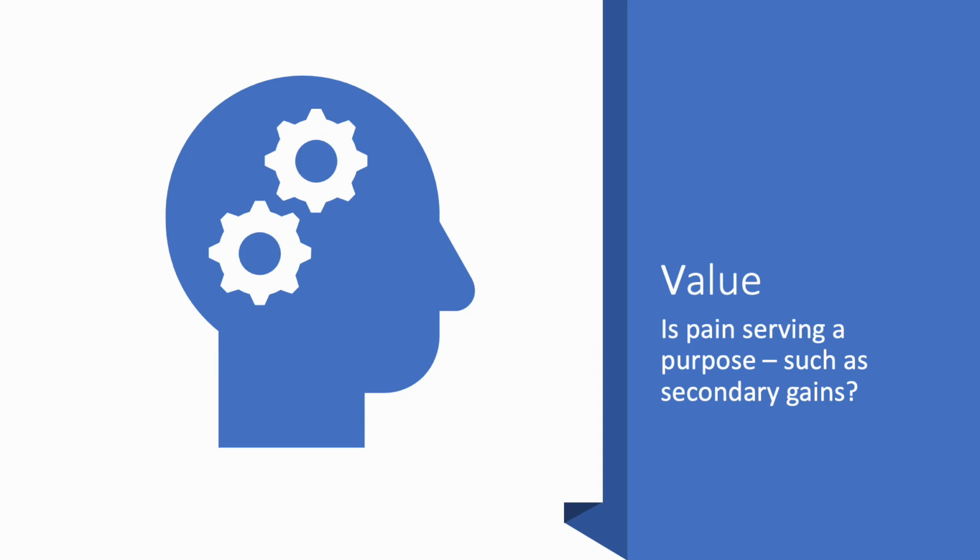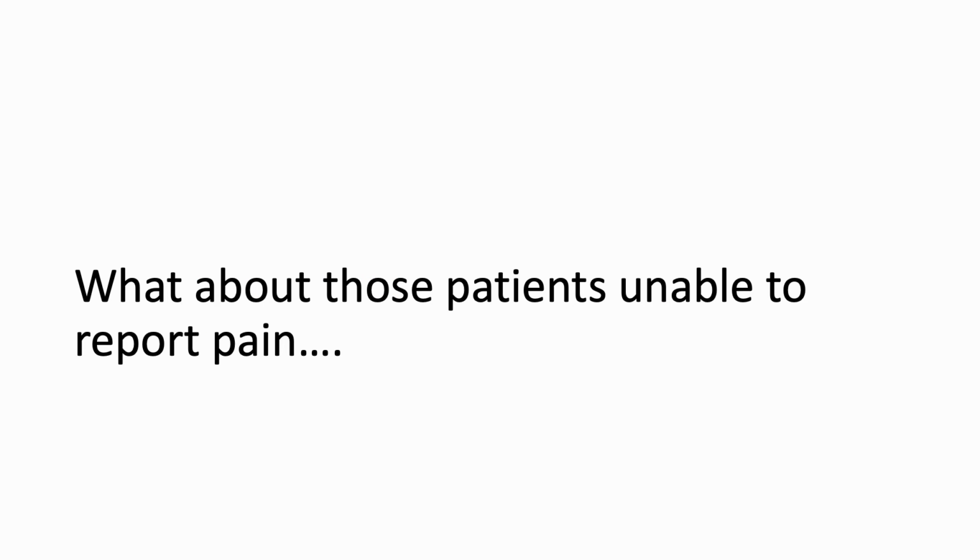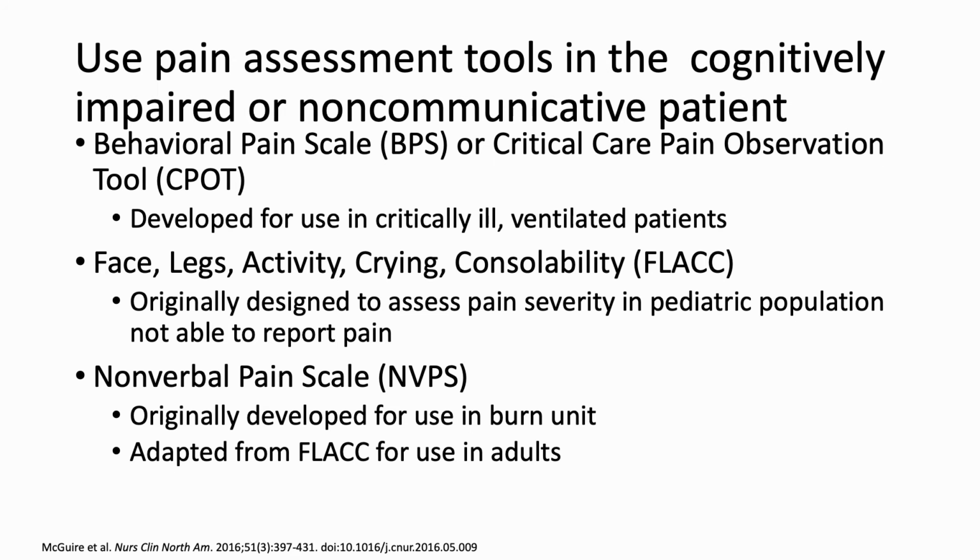So what do we do about patients that are unable to report pain? Now, I can't go through or won't go through all the different nonverbal skills. It really depends on what you use in your institution, but you want to use some type of tool. The behavioral pain scale or the critical care pain observation scale really were developed for use in critically ill and ventilated patients.